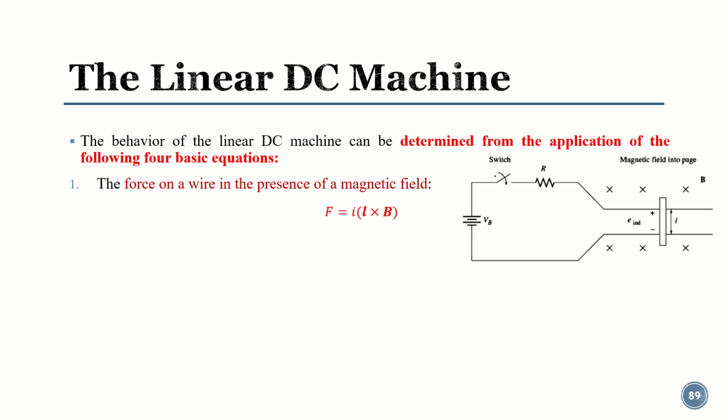If you turn on the switch, the current will start flowing along this path and come to this bar, and through this bar the current will flow. If current is flowing through a bar present in a magnetic field, that bar will experience a force, represented by the formula F = I L cross B. If a current carrying wire is present in a magnetic field, the wire will experience a force.